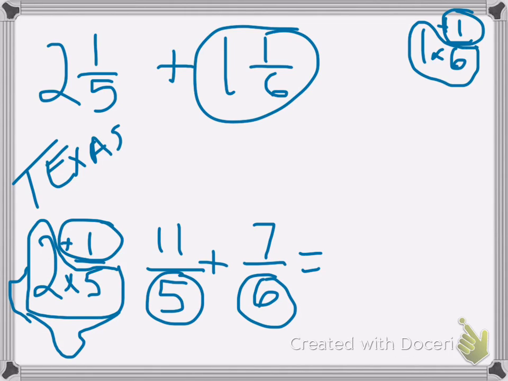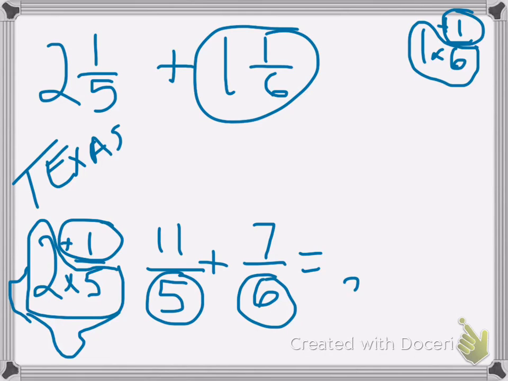So if we can't think of anything, let's see, what are multiples of 5? 5, 10, 15, 20, 25, 30. What are multiples of 6? 6, 12, 18, 24, 30. The least common multiple, or the common denominator, again in this case, is going to be the denominators times each other.